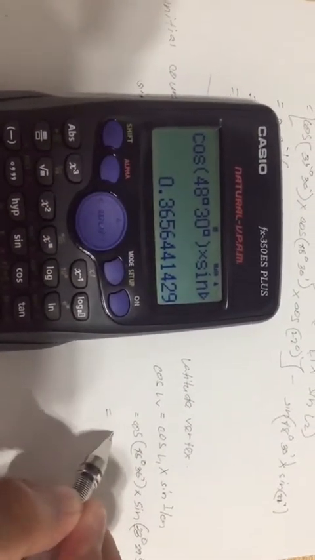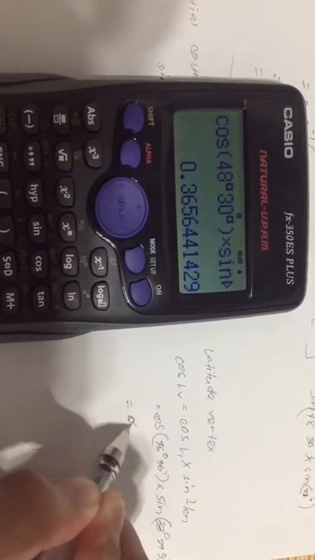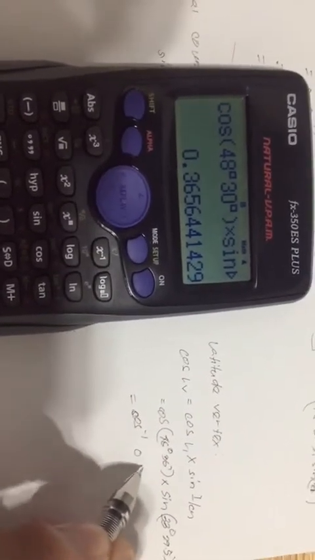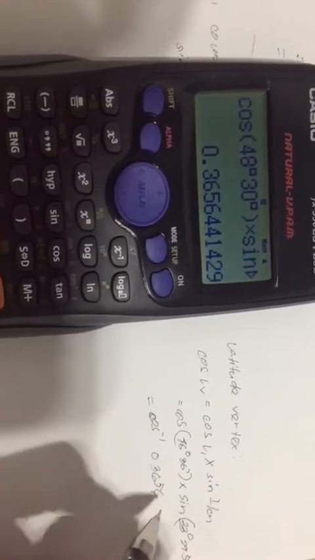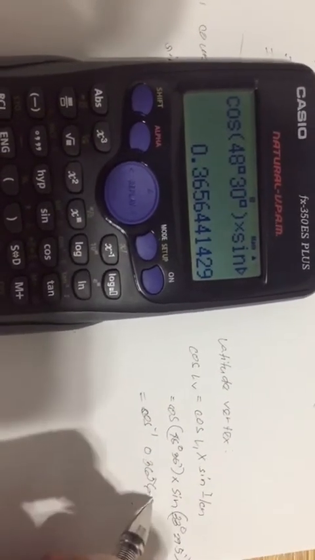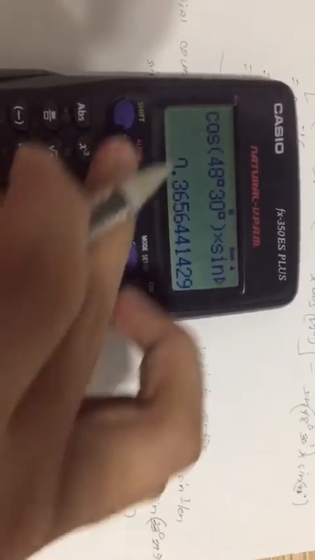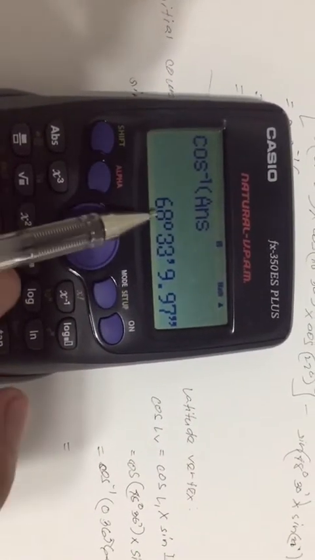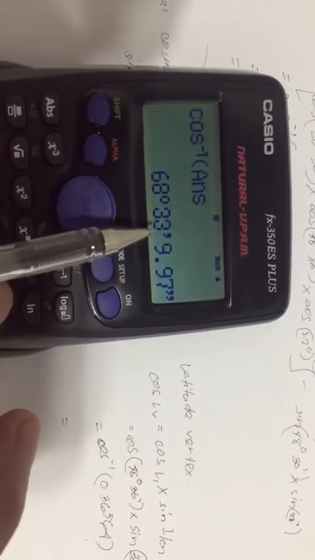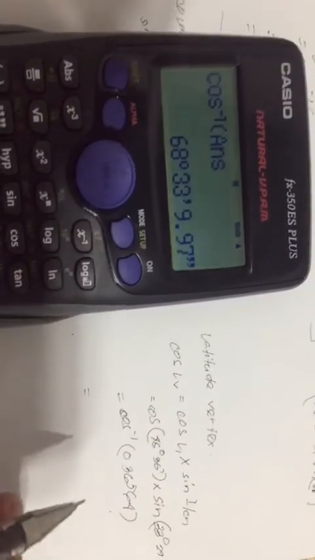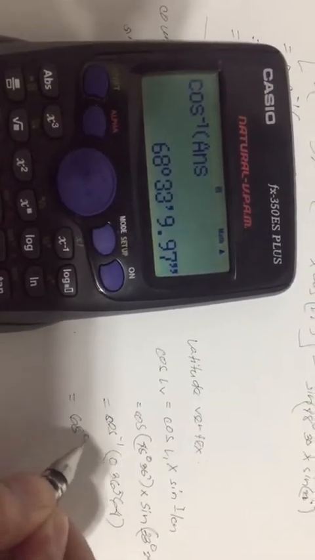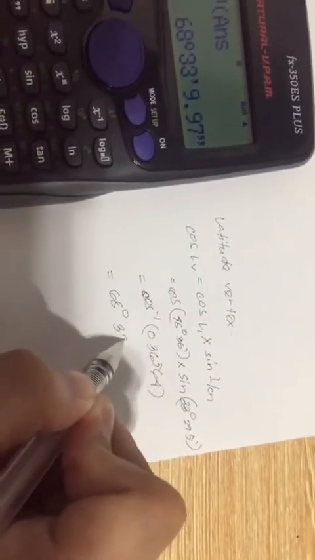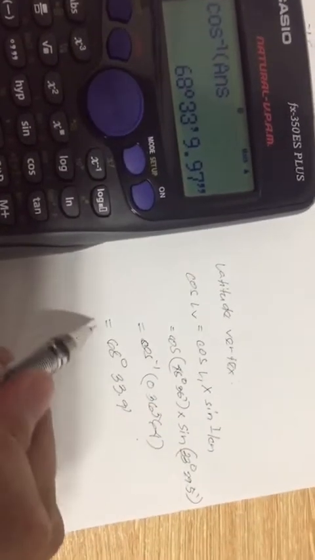Then we will inverse it to cosine. The answer is, and then after that we will convert it into degrees. The answer is 68 degrees and 33.9 minutes. So that is our latitude vertex.